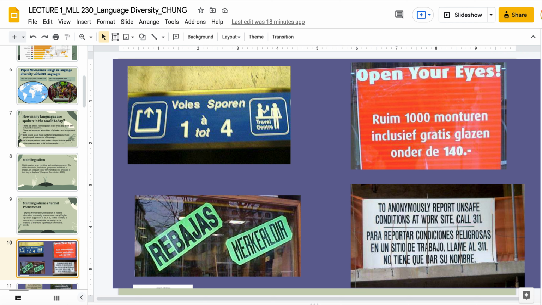So just to give you some examples of multilingual communities, here are some signs, right? If you go to a foreign country and you see the different signs that they have, what does that mean about their linguistic community? What does it mean to be multilingual? Why would they have different languages on these signs? What is the point?